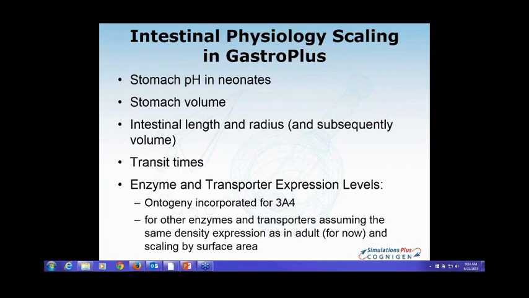One aspect that I think does provide an advantage is that it is integrated within the PBPK module. So the pediatrics are not a separate module. It's all one continuum within the PBPK module within GastroPlus, going from pediatrics up to adults. So you don't have to keep switching.